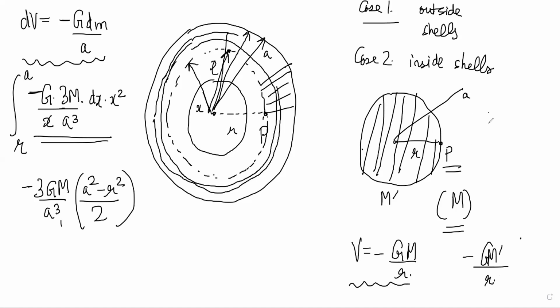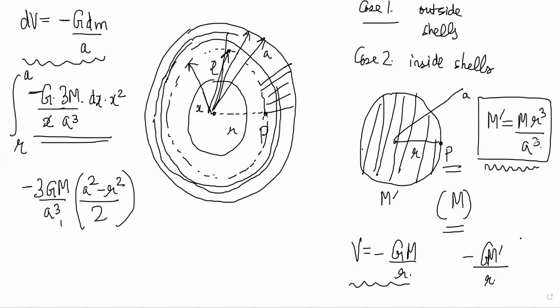That is easy. M dash would be equal to m into r cube by a cube, right? Is everyone understanding why this mass is this? Because you can do density and stuff, but it will be proportional to r cube, because volume is proportional to r cube.